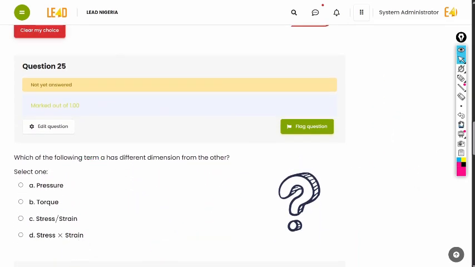Okay, so which of the following terms has a different dimension from the others? All right, which of them has a different dimension from the others? Okay, let's go.